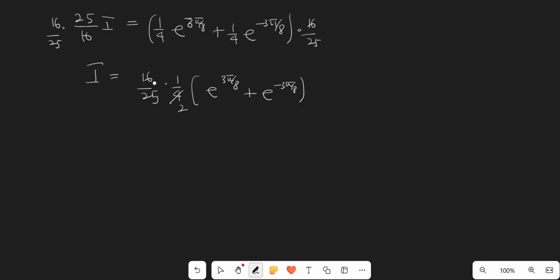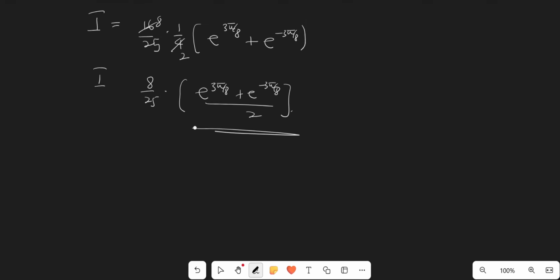2 here, 2 here, 8. So this is going to be equal to 8 over 25, and then we are going to have e to the 3 pi over 8 plus e to the negative 3 pi over 8, all over 2. But what is this one? Now we'll look at this. We know that the cosine hyperbolic of x is the same as e to the x plus e to the negative x over 2.